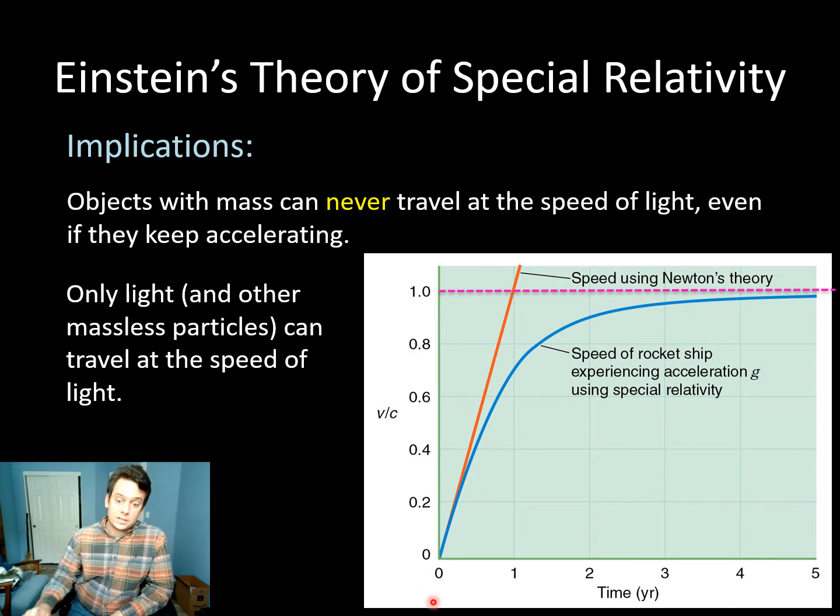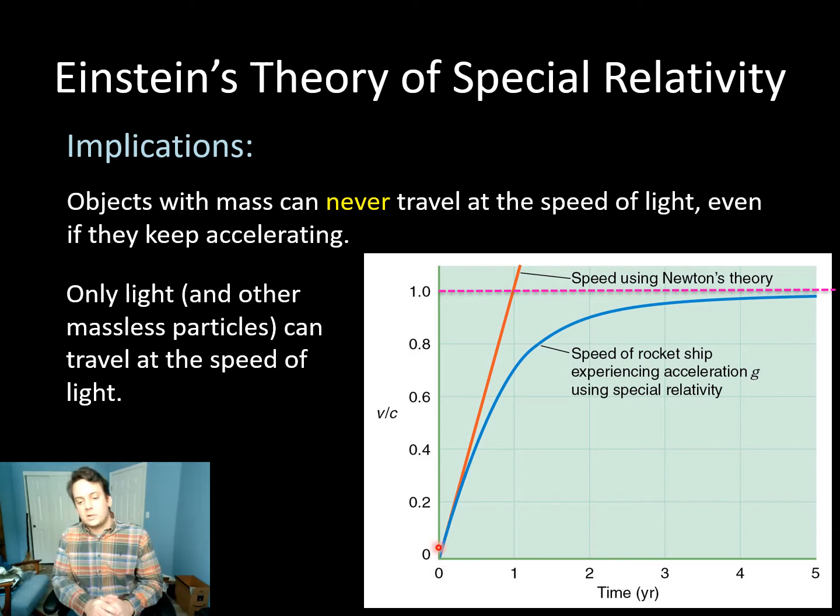In contrast, if you try to do that according to Einstein's theory of relativity, you can see the result is very different. Initially, Newton's laws and special relativity agree very well, but the faster the rocket ship gets, the closer to the speed of light it gets, the harder it is to increase further.